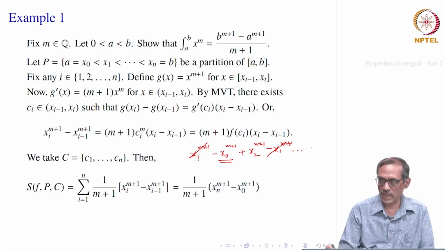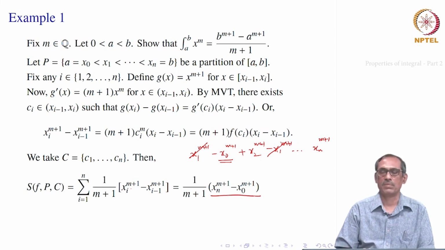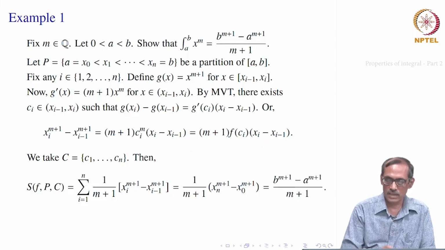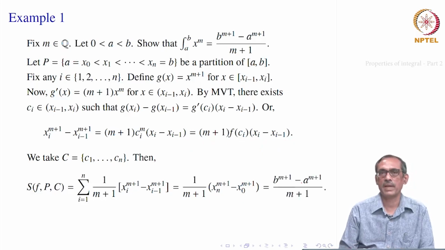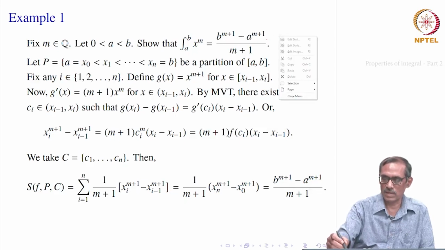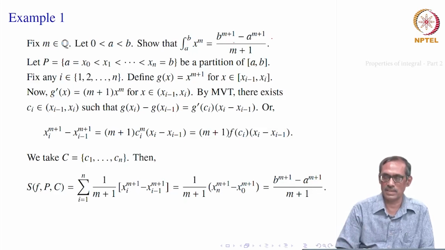All of them will be cancelling except the last term, which is x_n to the power m plus 1 minus something, that minus is cancelled. So, we get x_n to the power m plus 1 minus x_0 to the power m plus 1. But x_n is equal to b and x_0 equal to a. So, you get b to the power m plus 1 minus a to the power m plus 1 divided by m plus 1, which is this one, right, which we wanted to show that it is the integral.